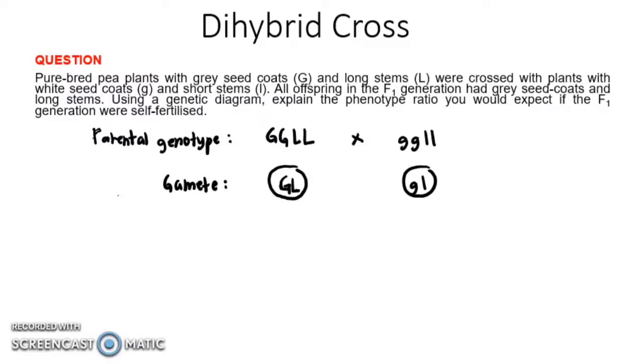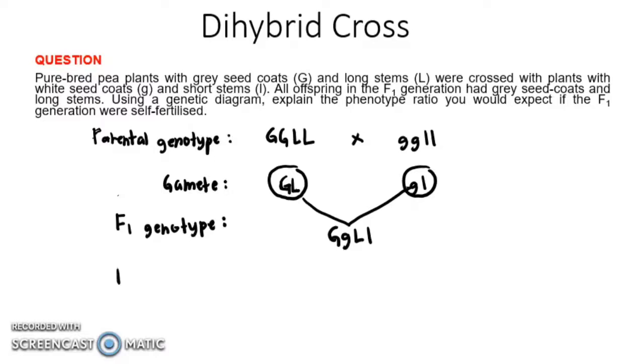When you have shown the gametes, what do you have to do next? Do the crossing to get the F1 genotype. When you do the crossing, you will get the genotype of F1 like this, which is heterozygous. If we compare with the question, it is correct that all offspring in the F1 generation had grey seed coat and long stem.